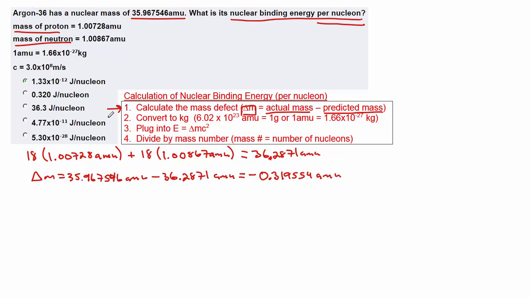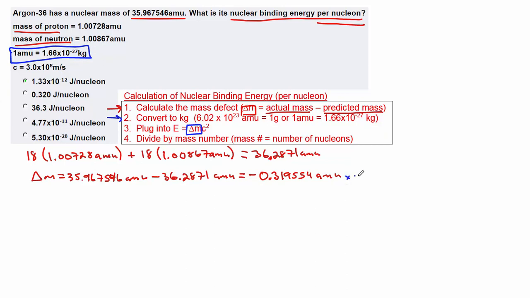Now if we move on to step number 2, we've got to convert this to kilograms. The whole point of calculating mass defect is to plug it into E equals delta m c squared. But to use that equation, the SI unit needs to be used for mass, and that's the kilogram. So we need to convert that, and I provided you with a conversion in the problem itself.